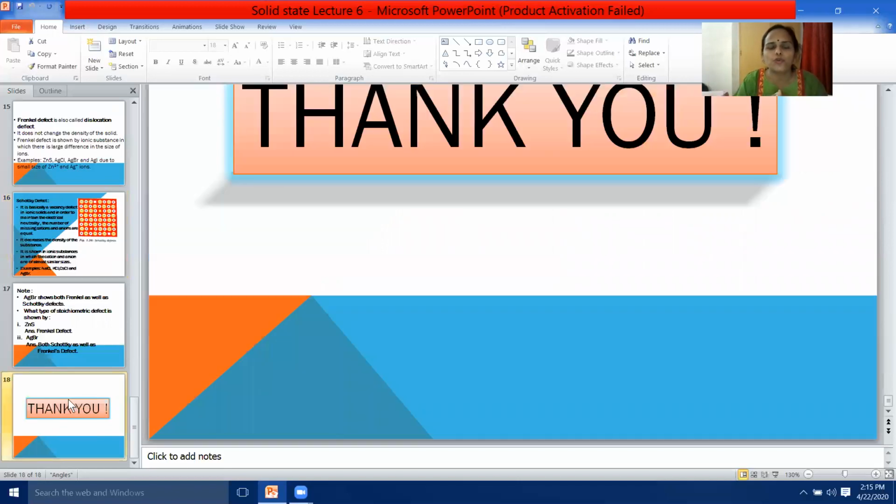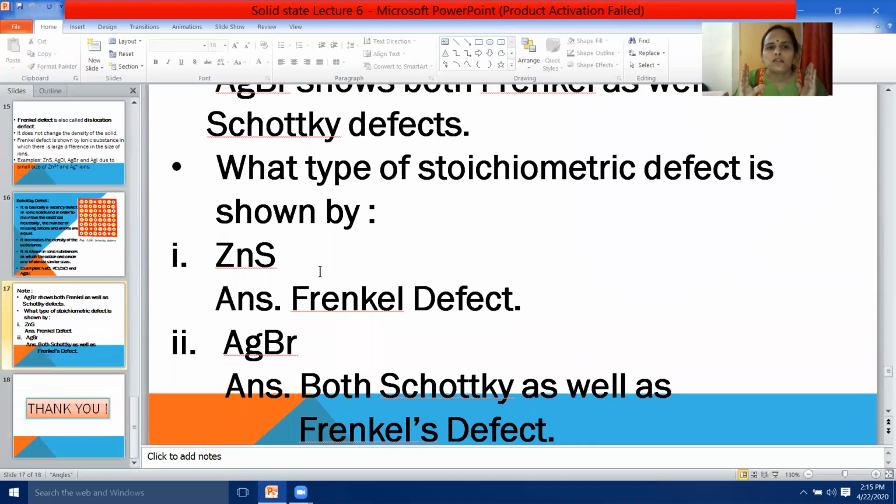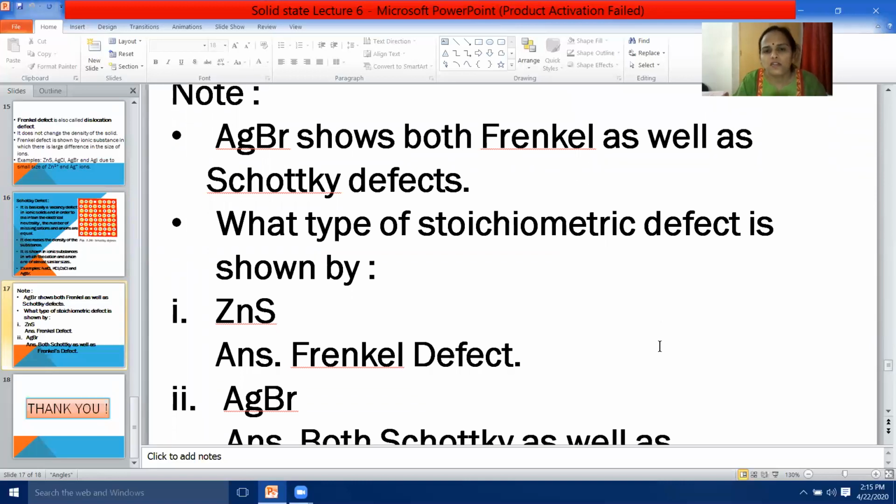Then you see the note point. The note point is that both Frenkel as well as Schottky defect are seen in the case of AgBr. AgBr shows both Frenkel as well as Schottky defect. Look at the question on the screen.